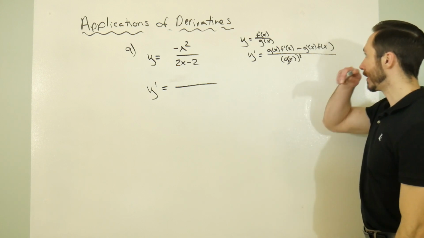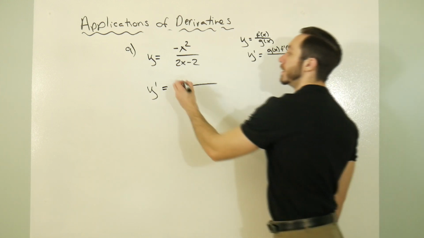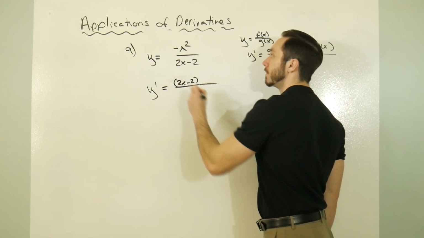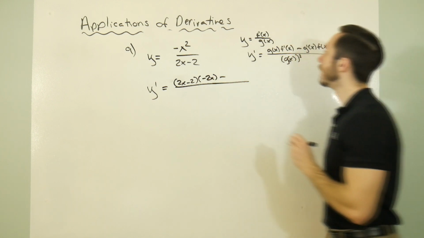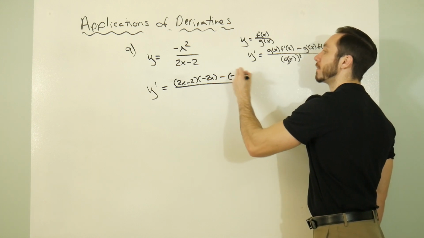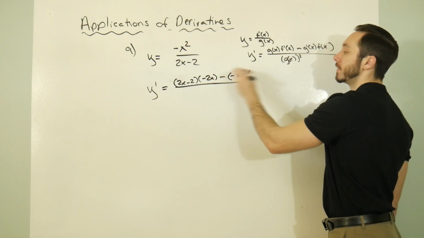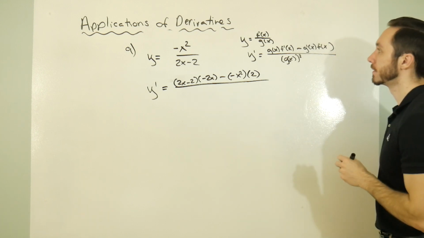And I want to apply that here. So let's do that. So our low is 2x minus 2. D high, we're going to get a negative 2x, minus high d low. So we're going to get negative x squared. And derivative of the bottom is just 2. That's an easy simplification. A little bit of distribution there. Nothing too bad.